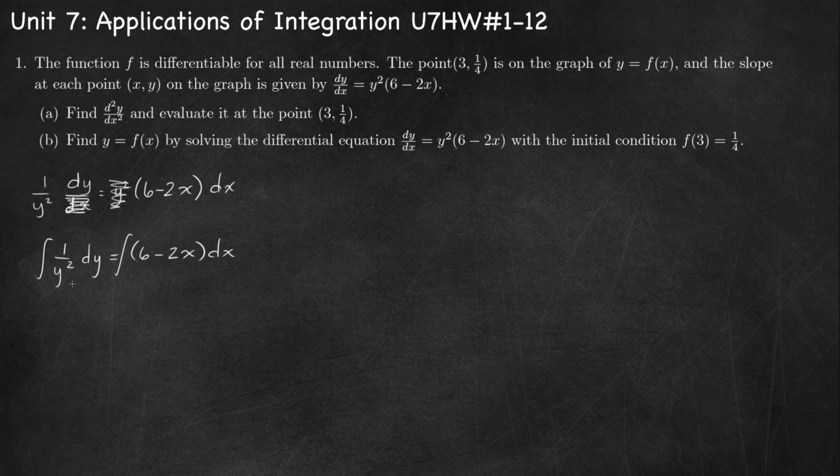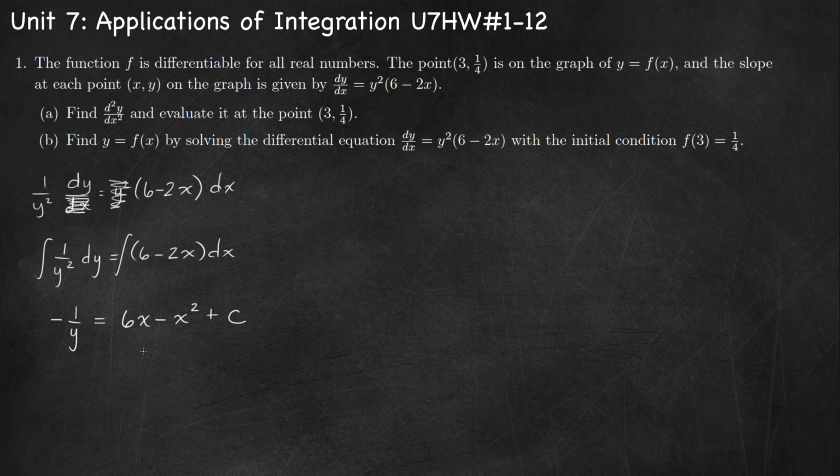The integral of 1 over y squared dy is -1 over y. The plus c I'll save for the other side. And then on the right, I've got the integral of (6 minus 2x) dx. So that's going to be 6x minus x squared plus c.